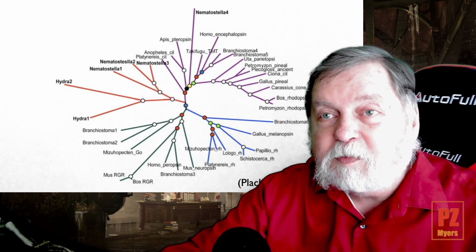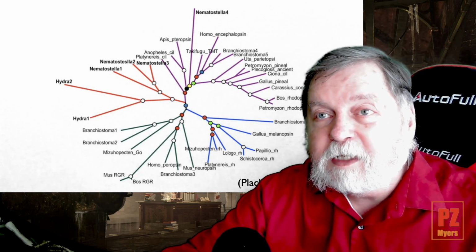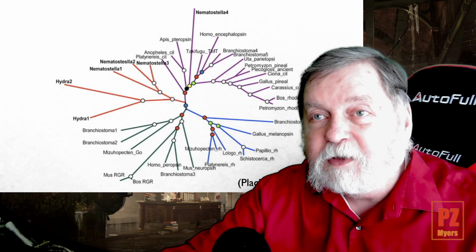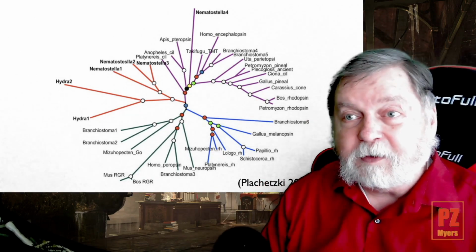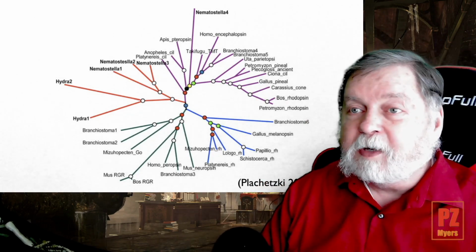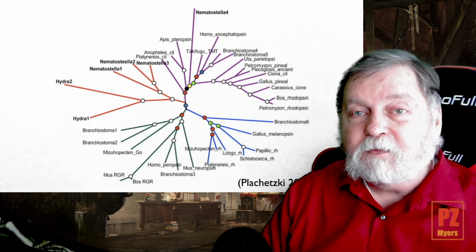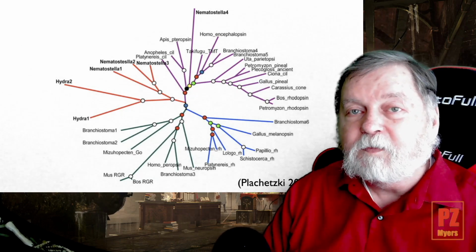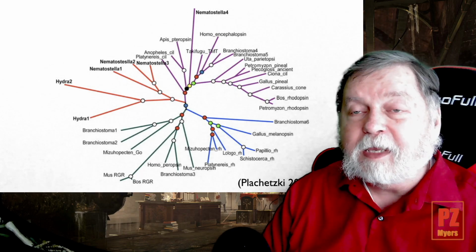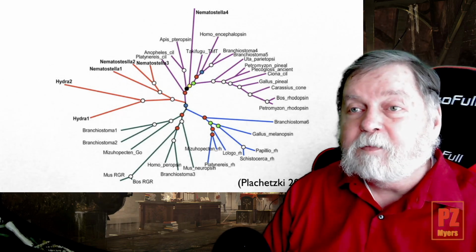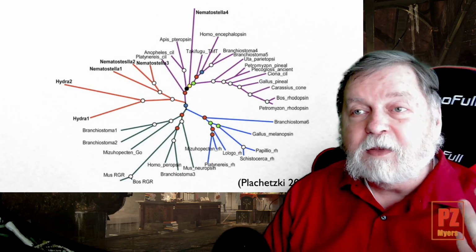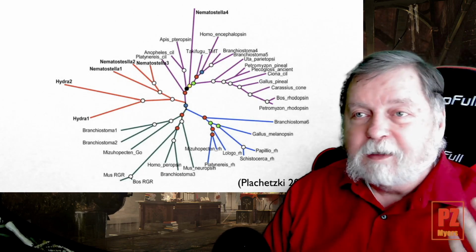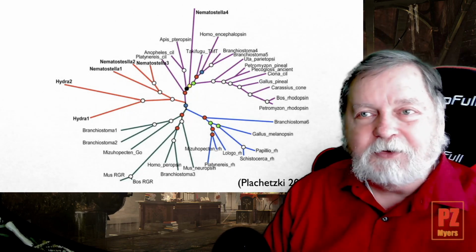But then you follow this branch up here, and let's see if I can find. Oh, there it is. Look at there, Homo encephalopsin. There are a bunch of opsins in us that are not used for vision, but are instead used for sensing light levels. For example, we actually have an opsin that's embedded in our skin cells. Okay, lots of cells have opsins.